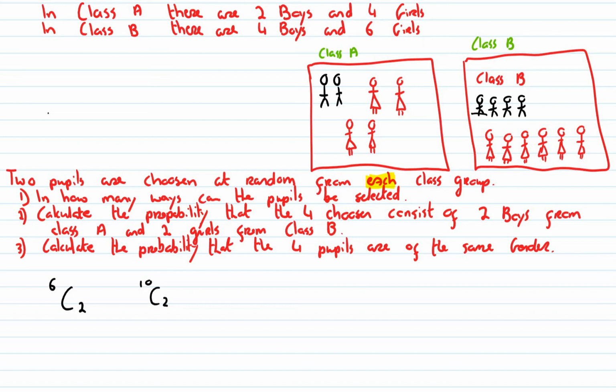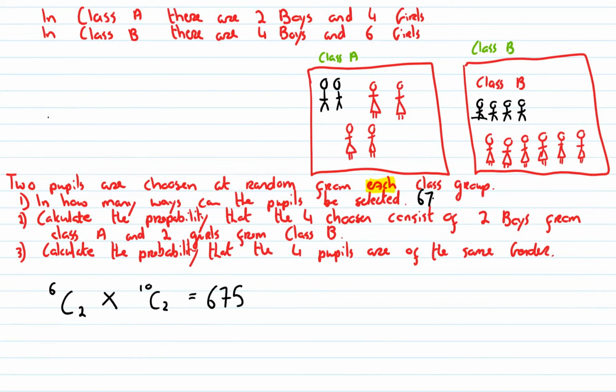I'm choosing 2 from class A and 2 from class B, so 6 choose 2, multiplied by 10 choose 2 is 675 different ways. So I can choose 2 from class A and 2 from class B in 675 different ways. I'm just going to write this up here because I will need that later on.